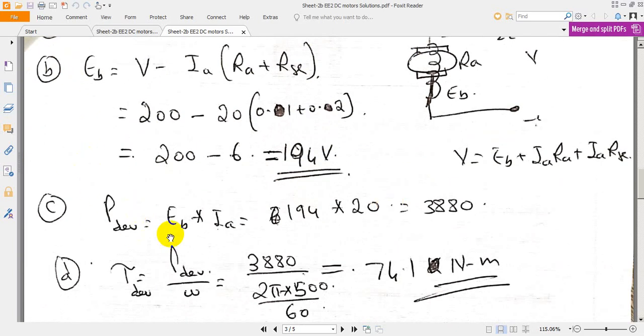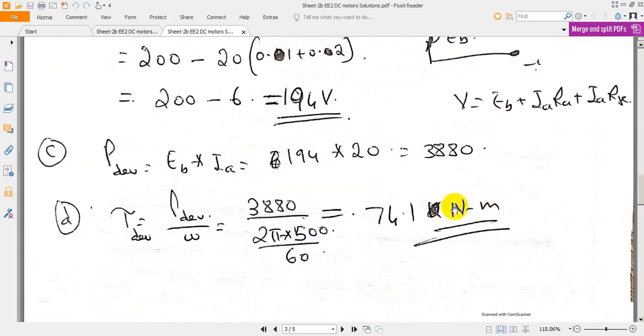What is power developed? Power developed is equal to the induced EMF, or the back EMF, in the armature winding into the current flowing through it. Eb is the induced EMF in the armature winding and current flowing through the armature winding is 20. So you will get 194 into 20, 3880. Torque developed is equal to power developed by omega.